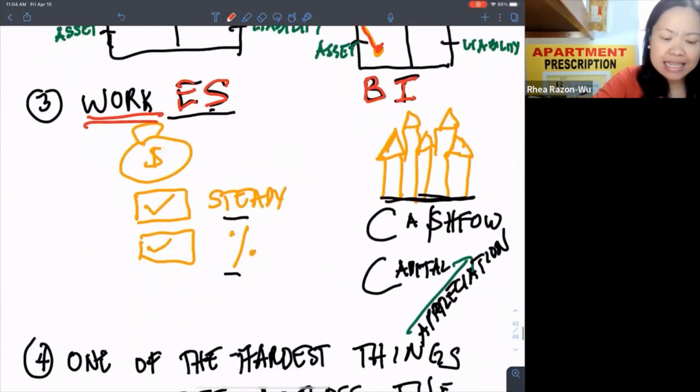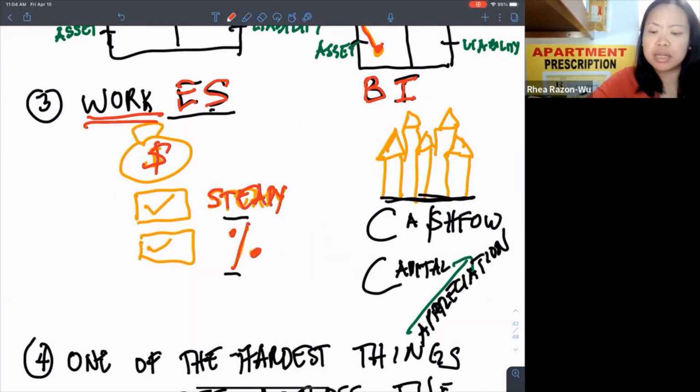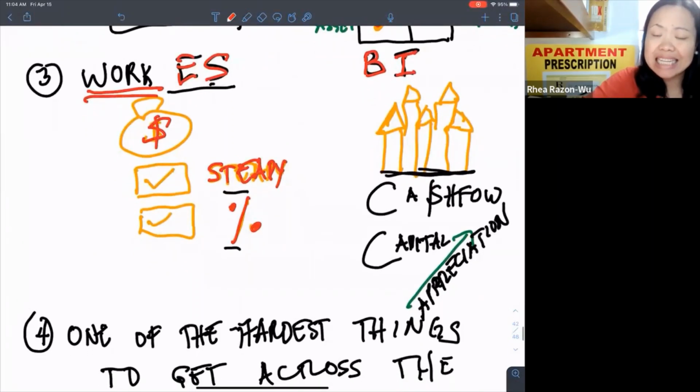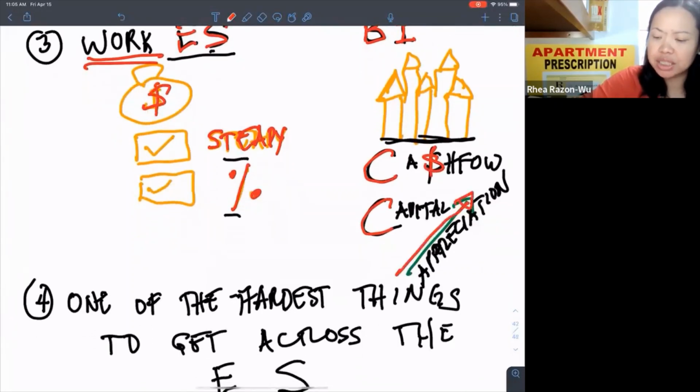The E and the S work for money. They need a steady paycheck. And some of the people work for commission, whereas the big business and the investors work for the letter C, cash flow and capital appreciation.